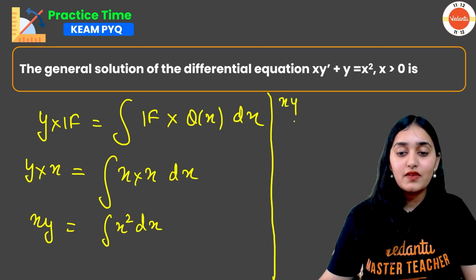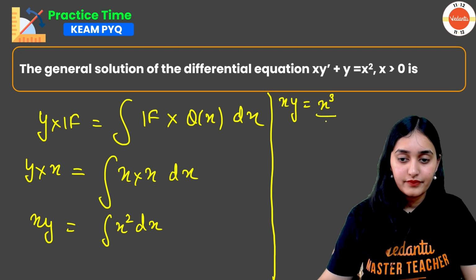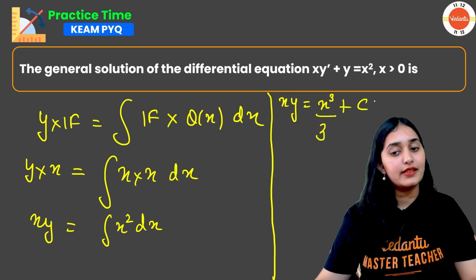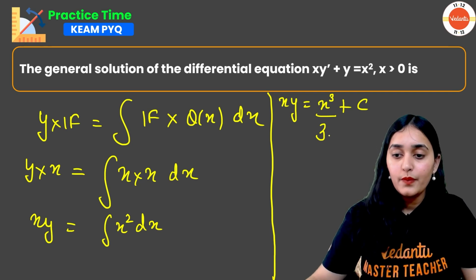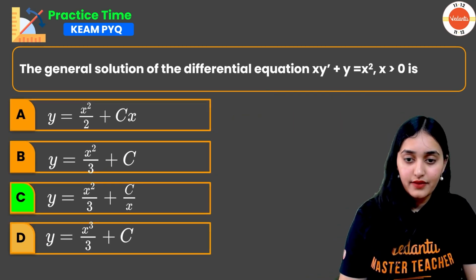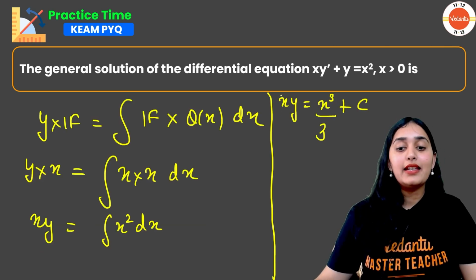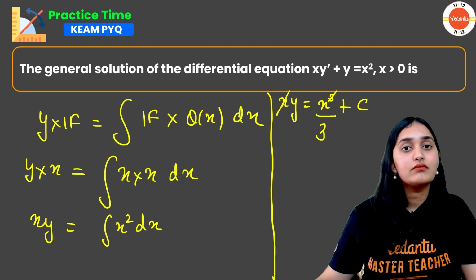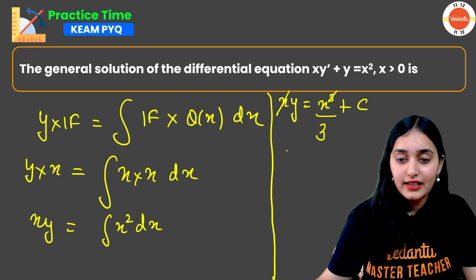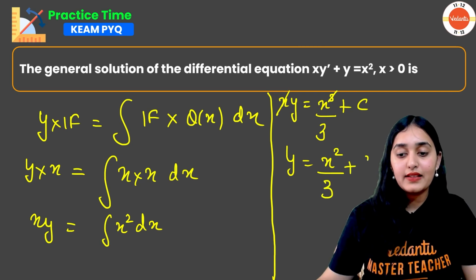So we have xy is equal to x cube by 3 plus c, some constant. Now let's see which option is matching this. So here, in the whole equation, I can cancel x and power of x. So I'll get y is equal to x square by 3 plus c.